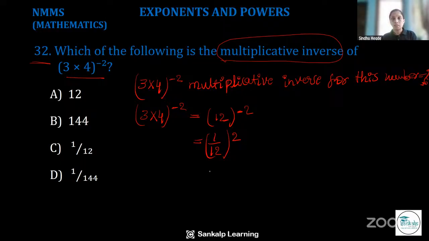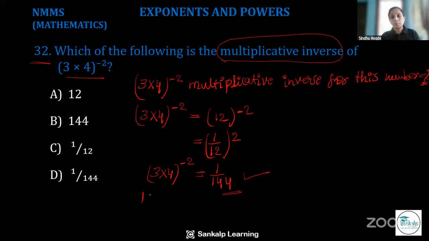It is nothing but 1 raised to 2 over 12 raised to 2. 1 raised to 2 is 1 only. 12 raised to 2 is 144. So 1 by 12 whole to the power 2 is 1 by 144. This is the answer for (3 into 4) to the minus 2. But this is not our answer. One more step is remaining. Find out the multiplicative inverse for this 1 by 144.